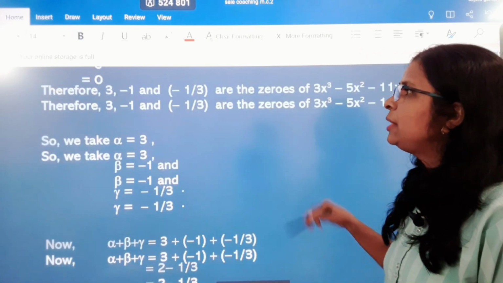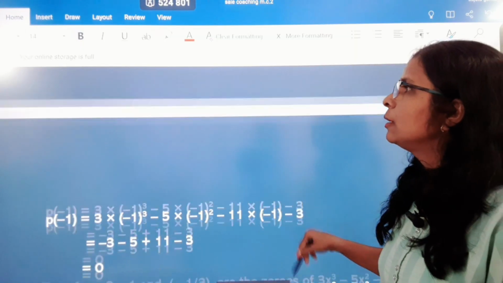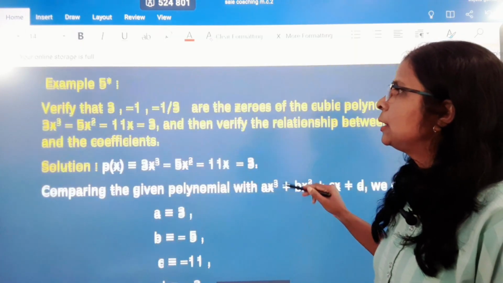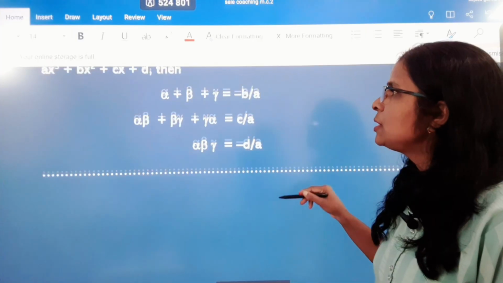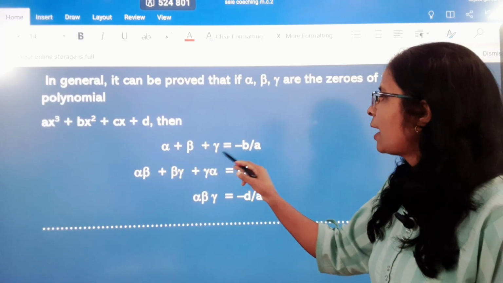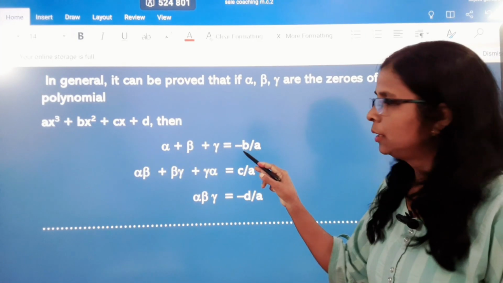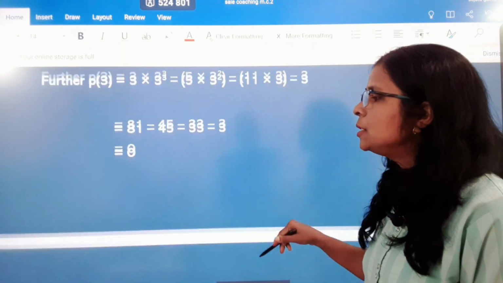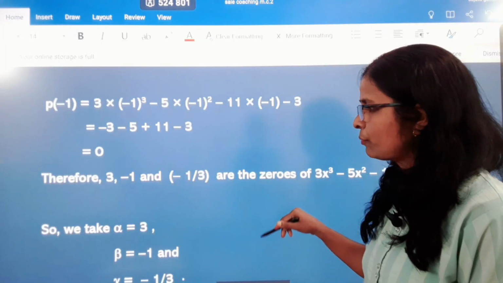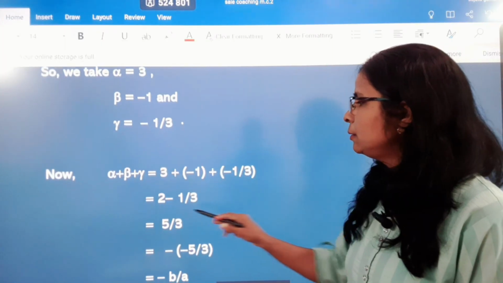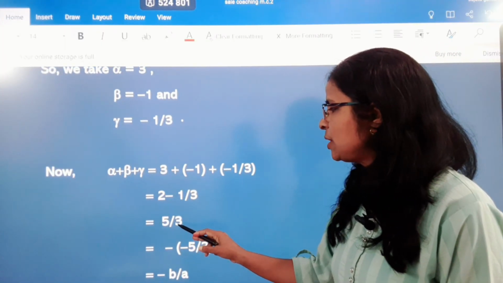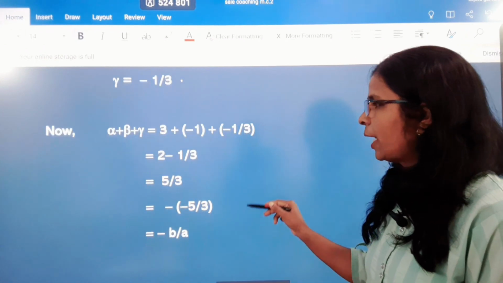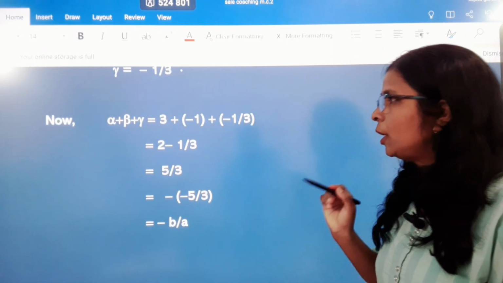In general, alpha plus beta plus gamma is equal to -b upon a. So adding the 3 zeros, we get 2 minus 1 upon 3, that means 5 upon 3.